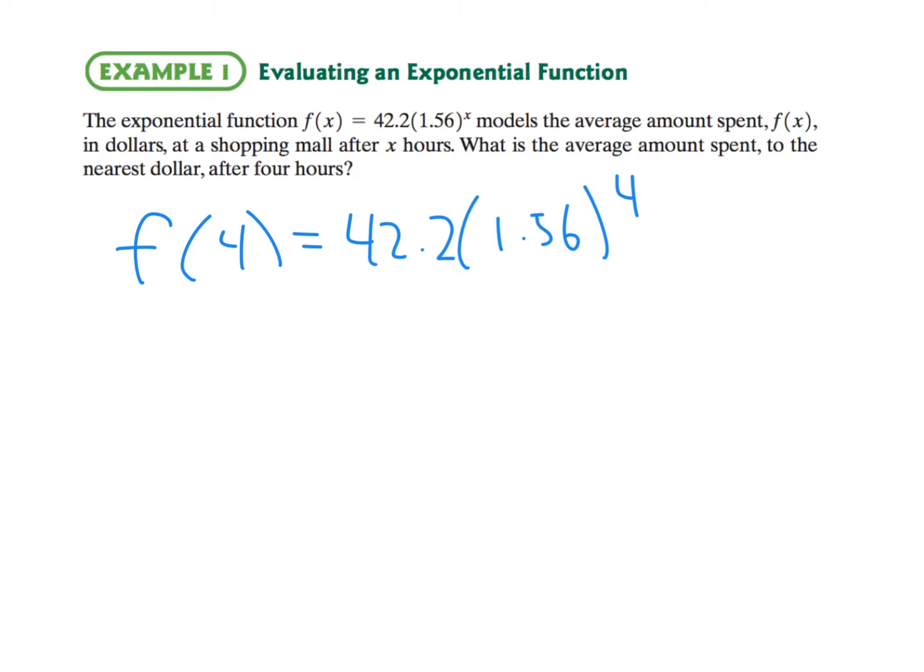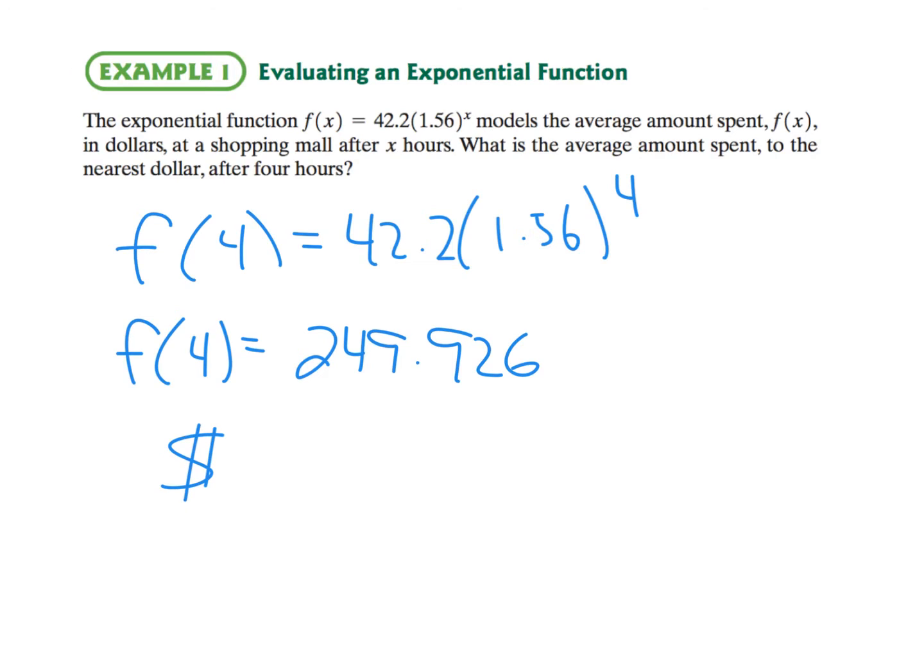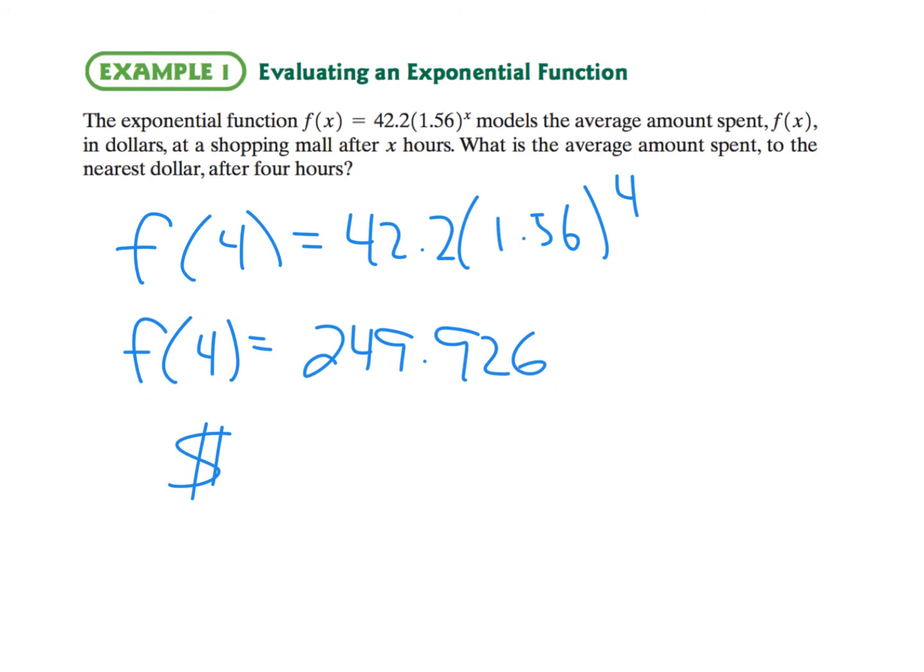Take a minute to plug this into your calculator. When you do, you get f of 4 is equal to 249.926. Because we're dealing with money, we round this to 249.93.